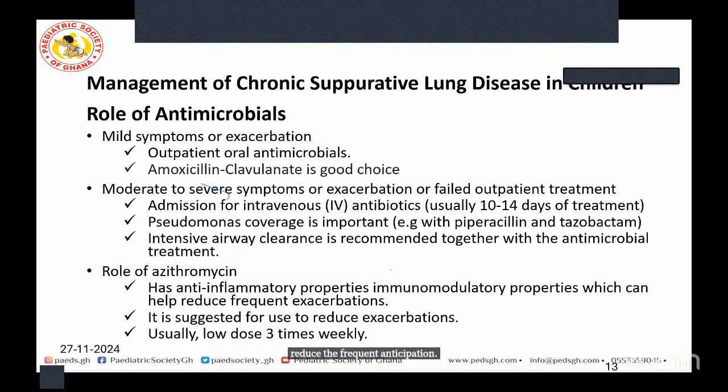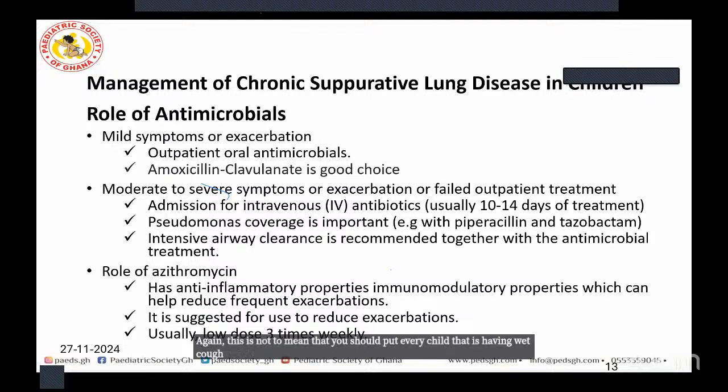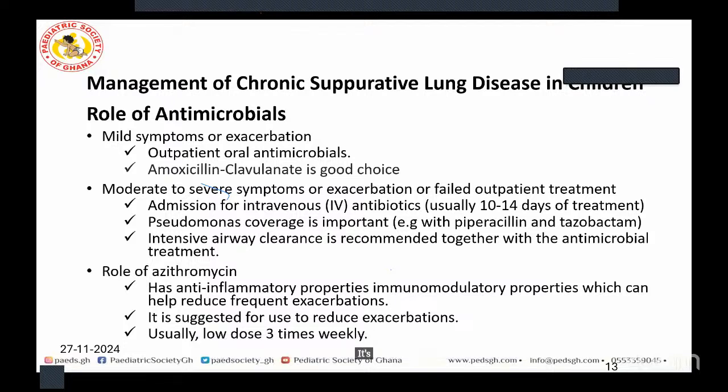Again, this is not to mean that you should put every child that is having a chronic wet cough on azithromycin. Such treatment should be initiated by either the pediatrician or the pulmonologist. But I just want to bring to your knowledge that there's such a treatment where you can put them on low dose azithromycin to prevent frequent exacerbations.